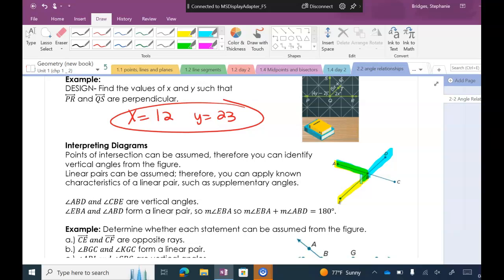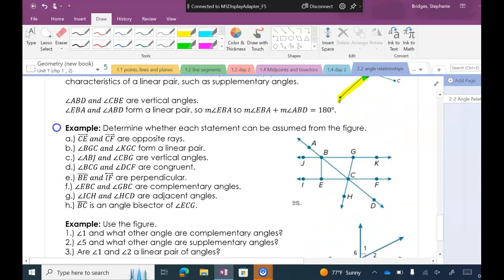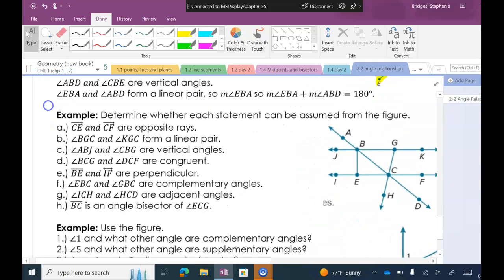Everybody ready? So what I want you to do is basically look at this picture and answer either yes or no. Yes, I can assume those are true, or no, I cannot assume those are true based off of what I see in the picture.